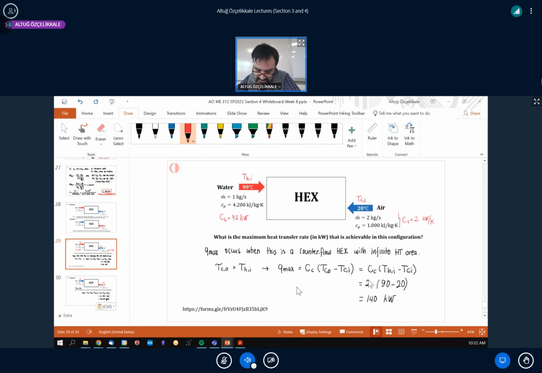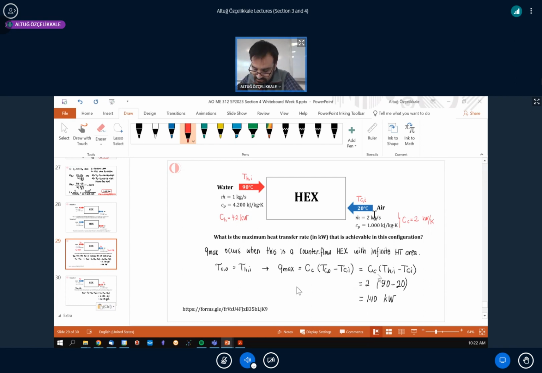So you first reason that the heat capacity rate of air is less than the heat capacity rate of water. We don't know what's going to happen to water at this point, but we are pretty sure that air is going to reach the hot fluid inlet temperature. But now you know the cold fluid inlet temperature and the heat capacity rate, so you can calculate the heat transfer rate.